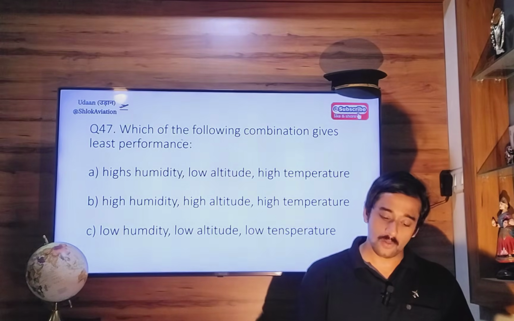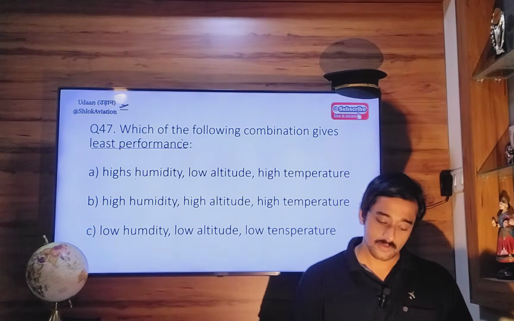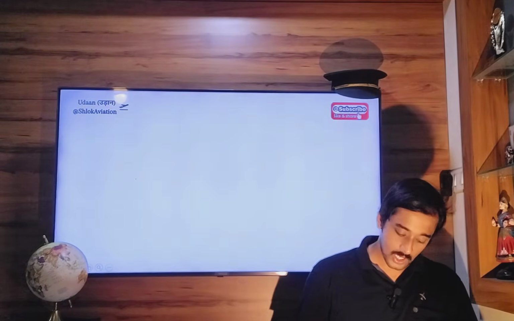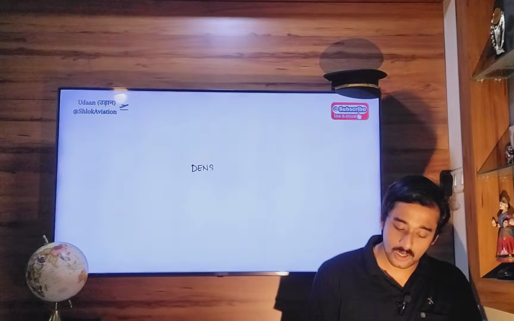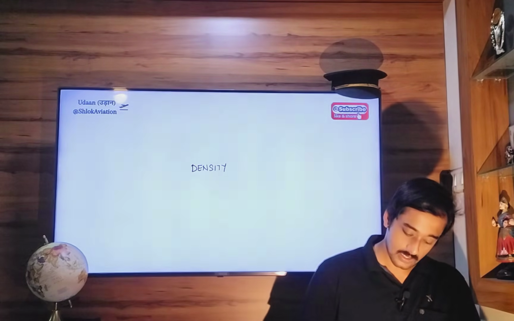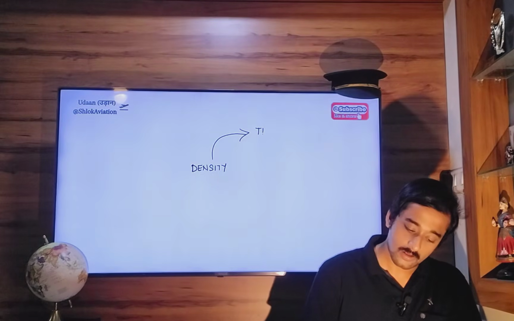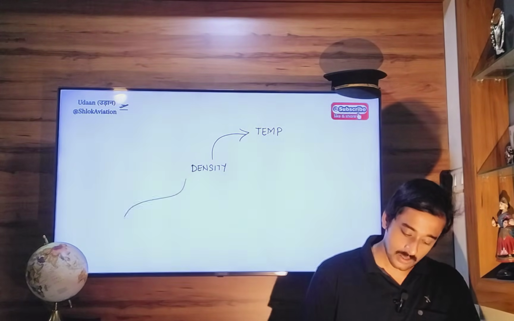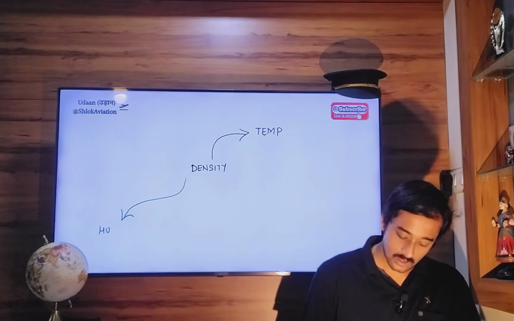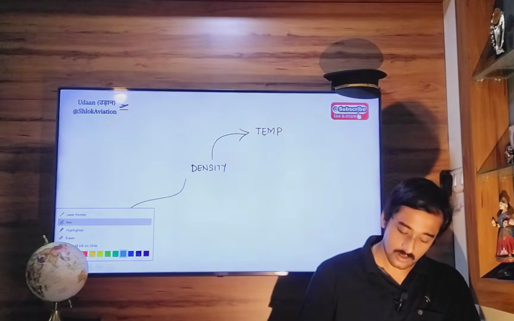Which of the following combinations gives least performance? High humidity, so your density. Now the density of air is controlled by three factors: temperature, humidity, and the third is pressure.